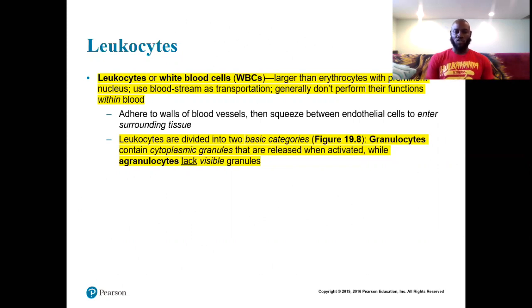So remember that. We've already talked about the red blood cells, which play a huge role in transporting oxygen and carbon dioxide. They live about 100 to 120 days. They take about 5 to 7 days to be made. They're made in the red bone marrow.